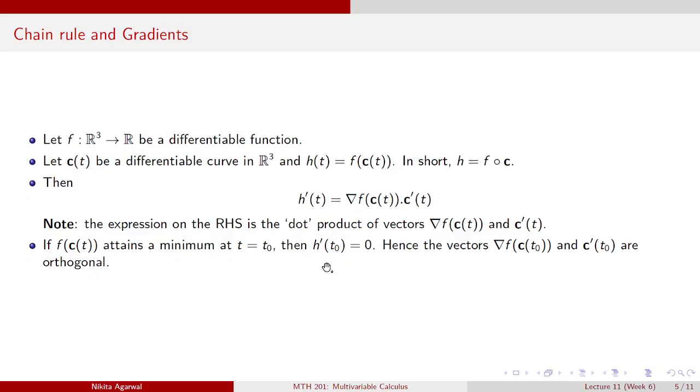This derivative is nothing but the dot product of gradient with c prime at the point t naught. Therefore, what do you mean by dot product being 0? That the two vectors should be orthogonal to each other. Hence, the vectors gradient f at c(t naught) and c prime t naught, they should be orthogonal to each other. Right? And same thing will happen when it's the maximum, right? Even in the case of maximum, h prime will be 0 and the vectors will be orthogonal.